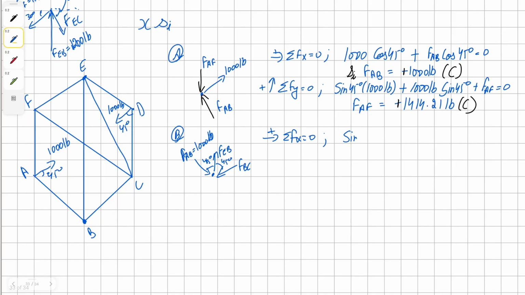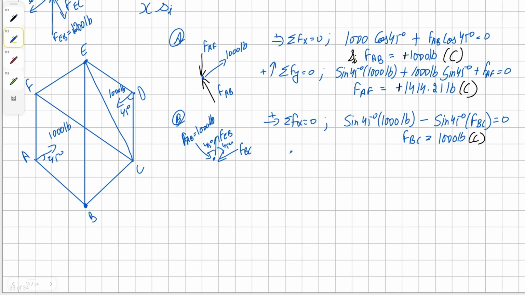It's simply going to be sine 45 degrees times 1000 pounds, and then negative sine 45 degrees times the unknown force BC, all equal to 0. We get the force BC to be 1000 pounds as well, and in compression.